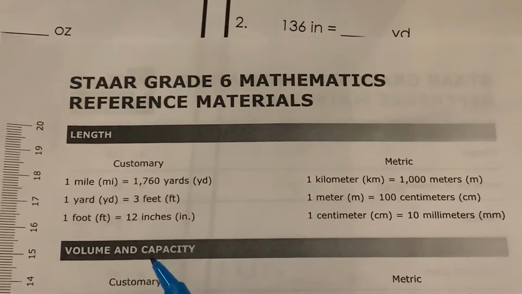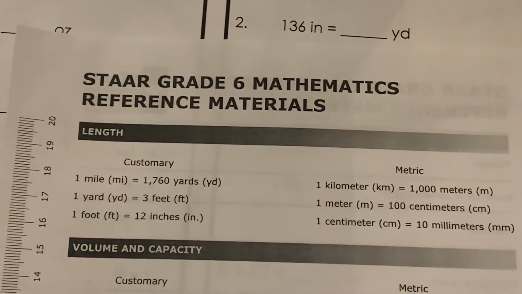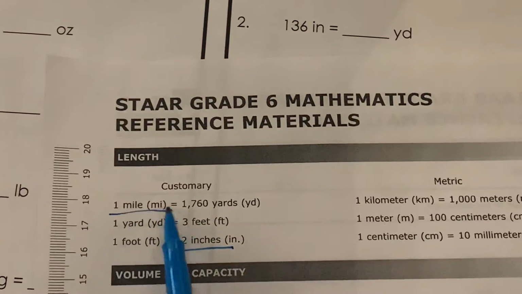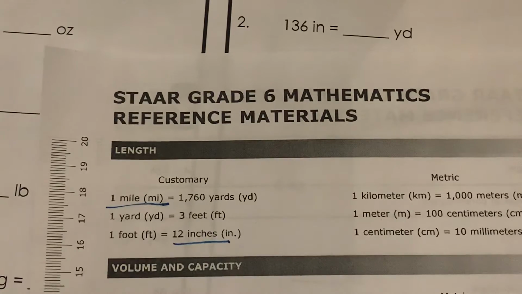So if we're going, let's say, from 12 inches to miles, and we need to get that conversion, okay? It's really pretty easy. So for example, let's say we're going from inches to miles. We need them on the same level.